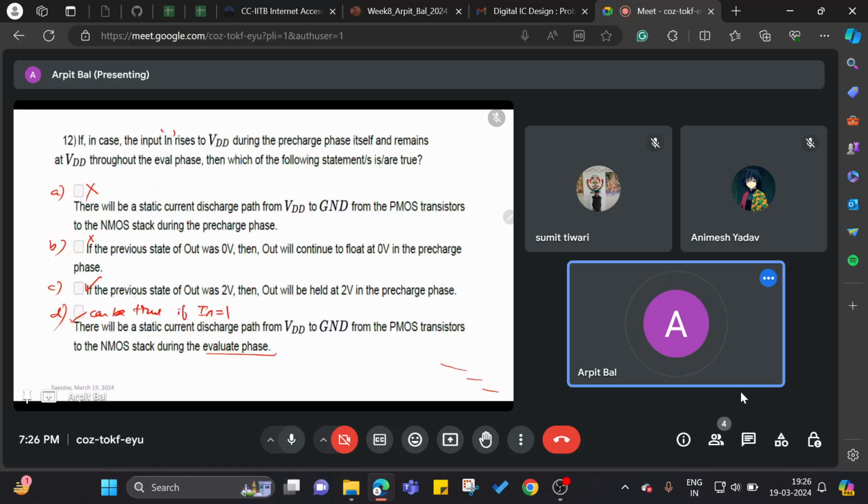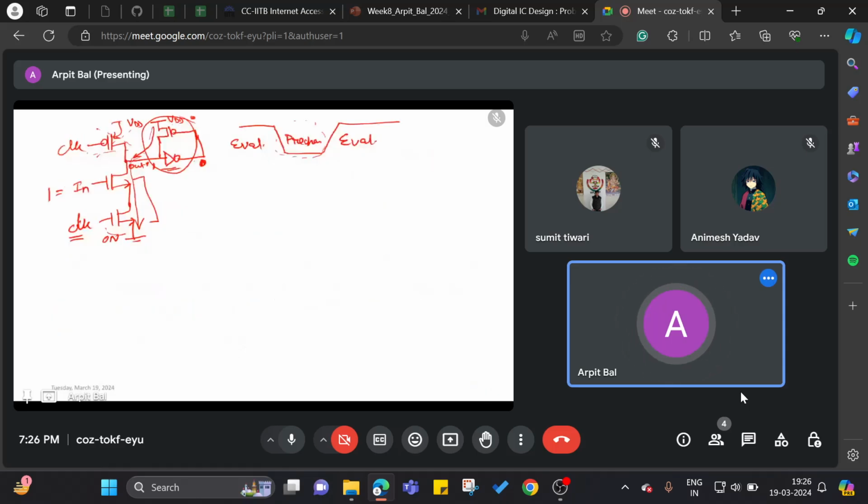Because of that PMOS itself, we have our output held at 2 volt in the pre-charge phase. And for the last one, there will be a discharge path. If the input is 1 and clock is 1, then this path will be conducting, and there will be a path from VDD to ground for the case D.